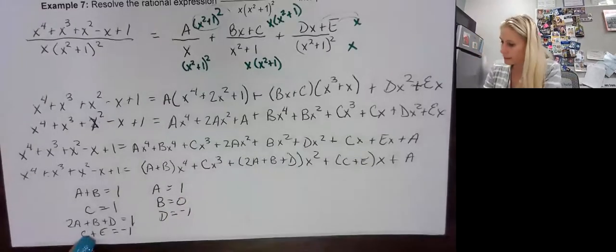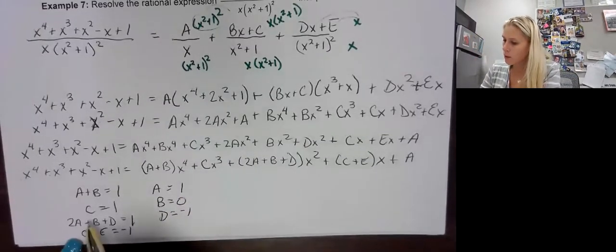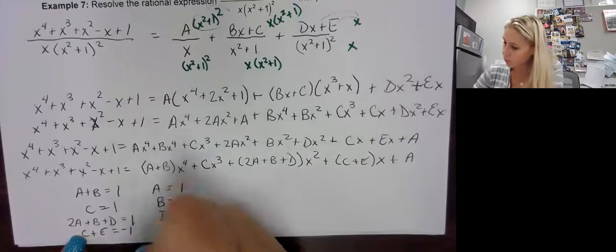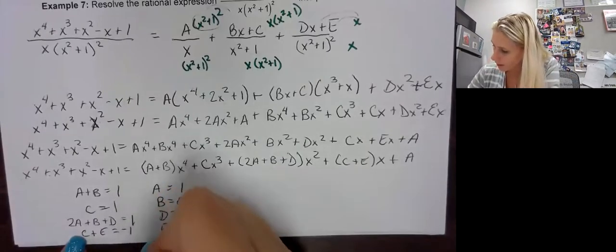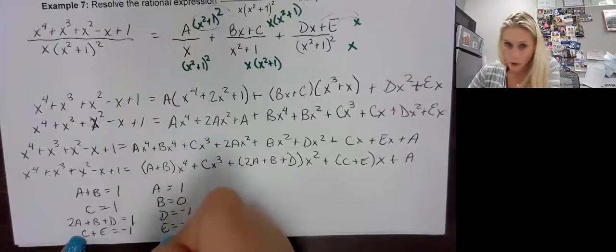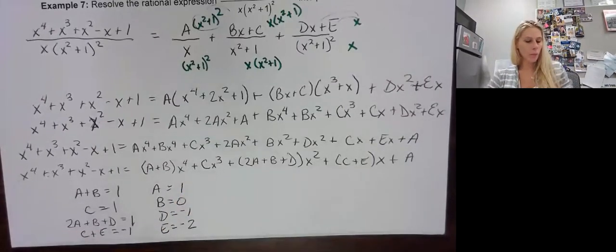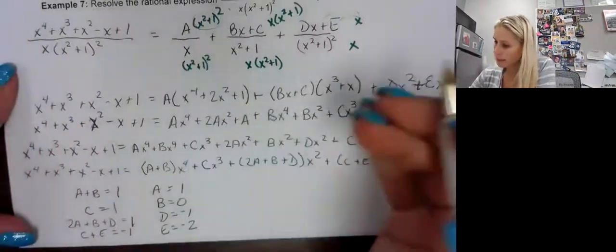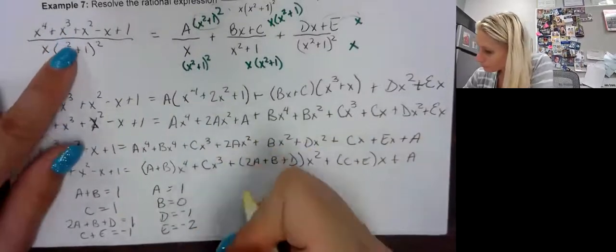We already have c, so we need to find out e. So if 1 plus what is -1, so e must be -2. All right, so when we write that, the good thing is that we just need to plug in these numbers, okay?